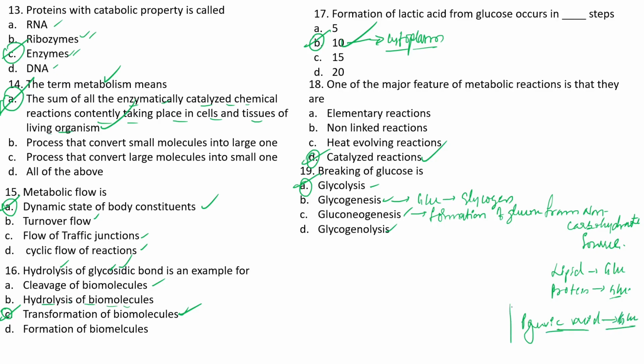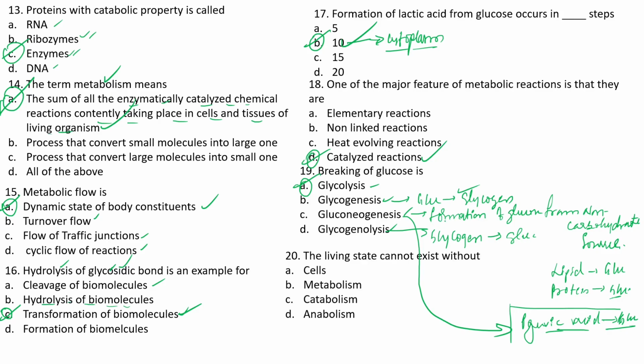So this is the actual pathway of gluconeogenesis. Lastly we have glycogenolysis, where glycogen is broken down to give us the glucose, exactly opposite of glycogenesis. So these are some other terms that you have to remember.